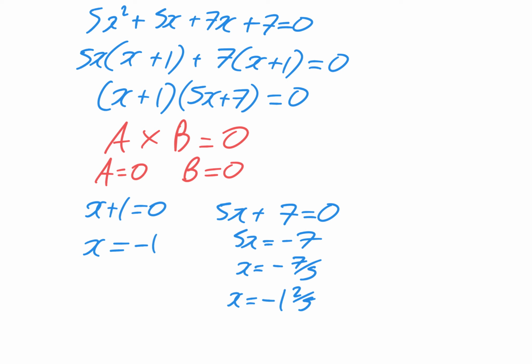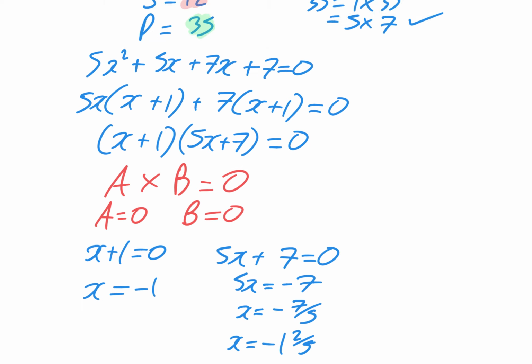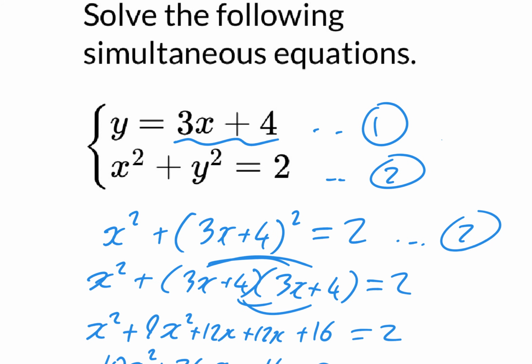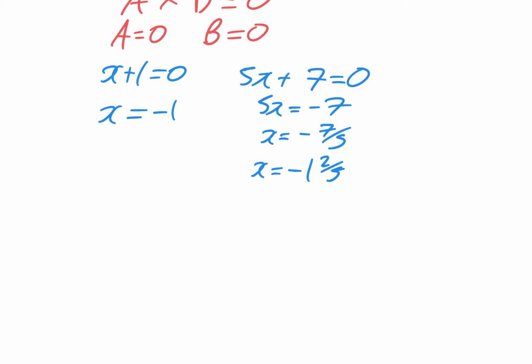Okay, now, big mistake people make is they think that's the end of the question. It is not. Remember, you've got to find what your y values are. So it said up here, y is equal to 3x plus 4. I'm just going to write that down before I forget it. So we had y is equal to 3x plus 4.